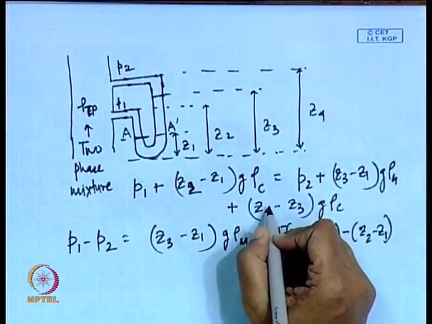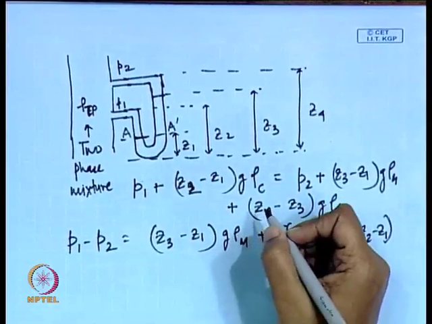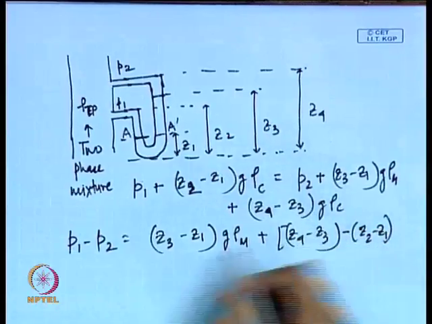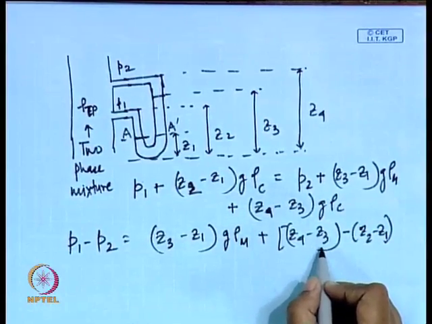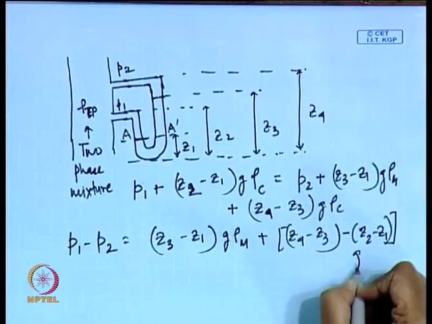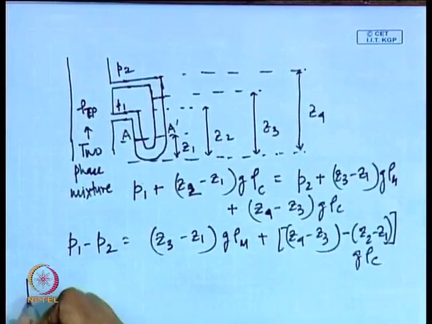So it is Z 3 minus Z 1 G rho M plus Z 4 minus Z 3 minus Z 2 minus Z 1 G rho C, correct. Just from the typical force balance we have got this particular part.